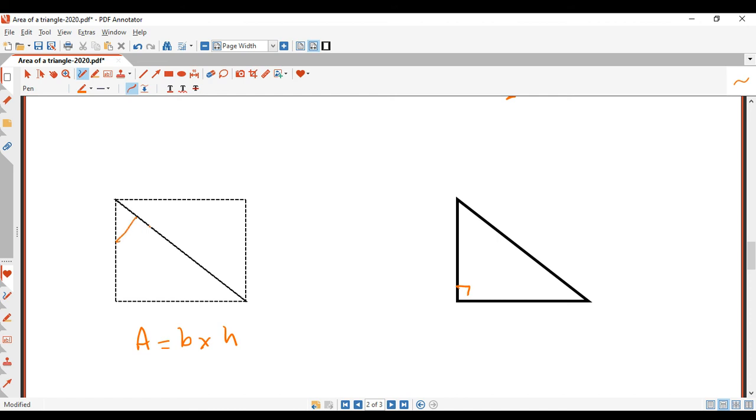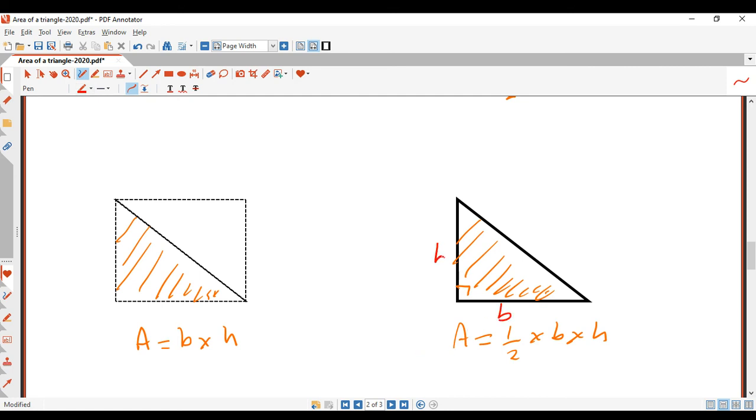Now, this area here is half the area of the rectangle, and this is the same area over here, which means the area of this right angle triangle is a half times the base times the height. Right, so if we were to label the base and the height there, so base is here, height is there, base is here, height is there.